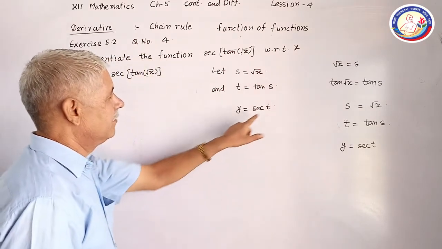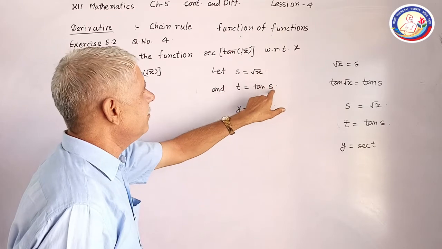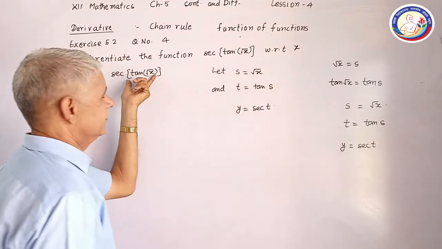What will happen? Put here the value of t, we will get tangent s. Put here the value of s, we will get this.